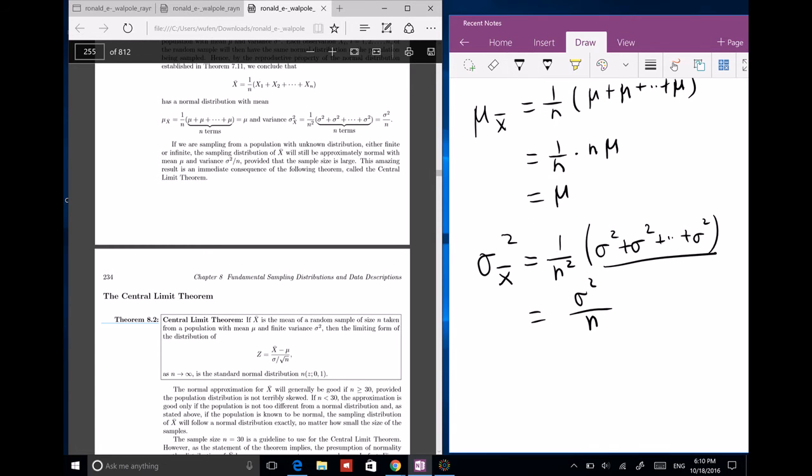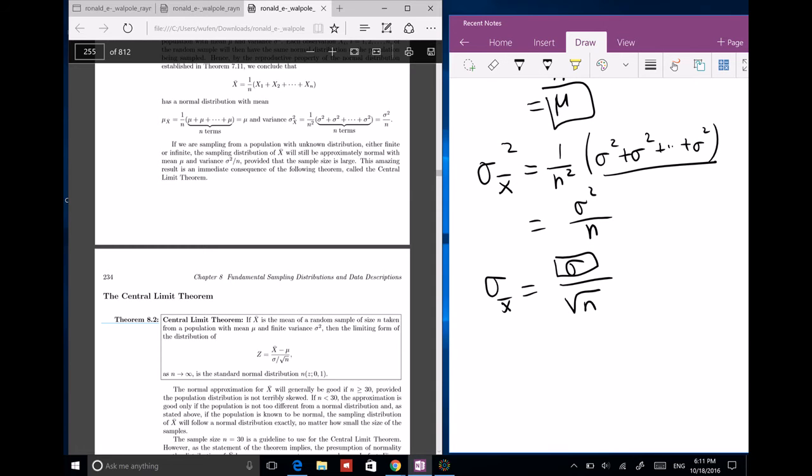The standard deviation is then sigma over the square root of n. Here mu is the population mean and sigma is the population standard deviation.